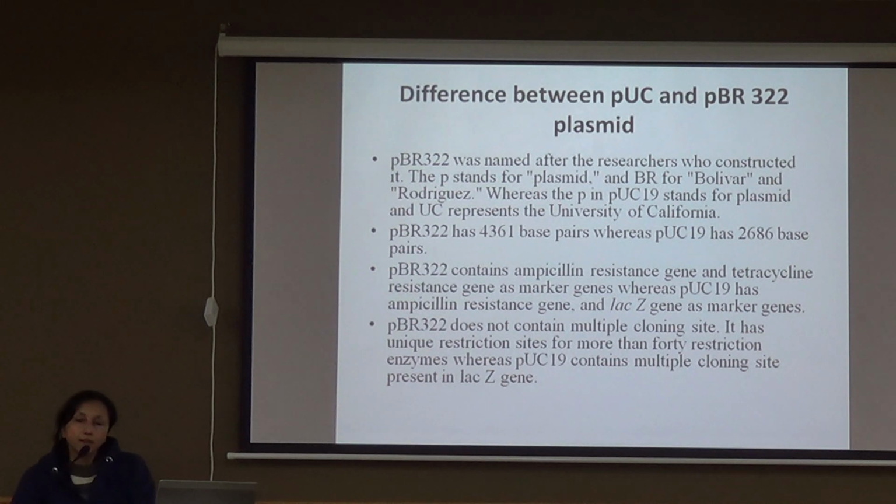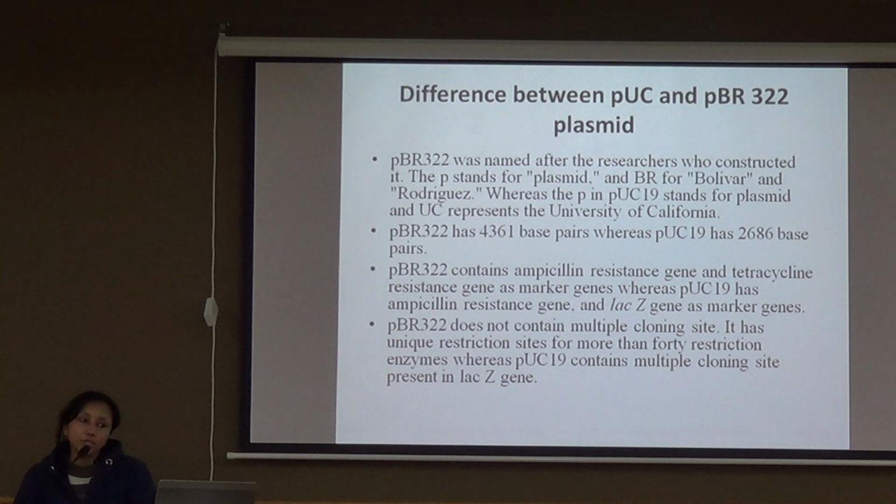Now, we were talking about vectors. There are many varieties of vectors available. Vectors are mainly, as I told you, used as vehicles for carrying the DNA insert inside the host cell, and they also provide conditions for the DNA insert to replicate. So we have here two types of vectors, that is plasmid based.